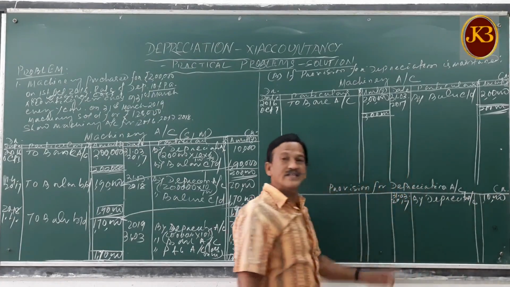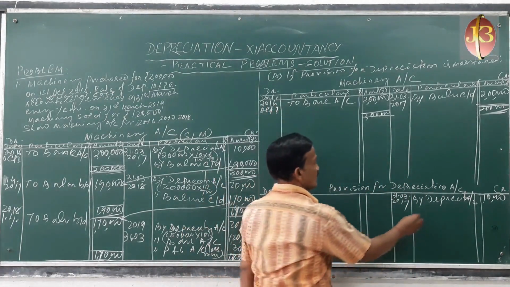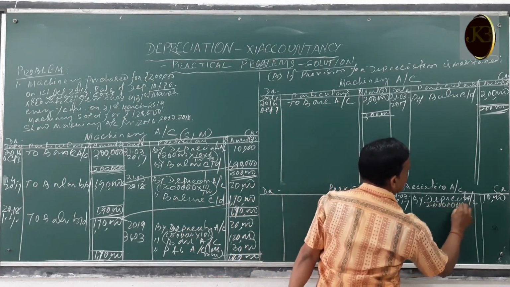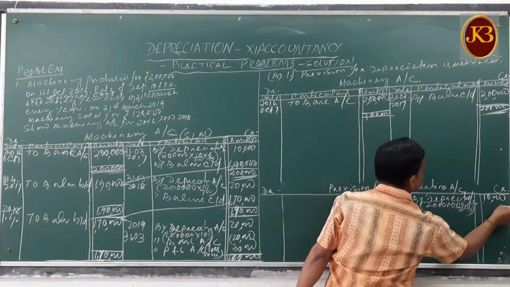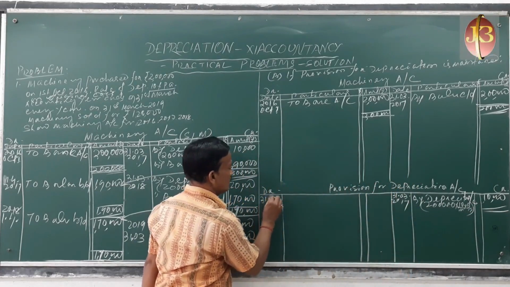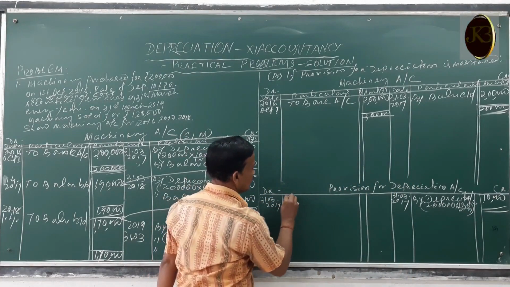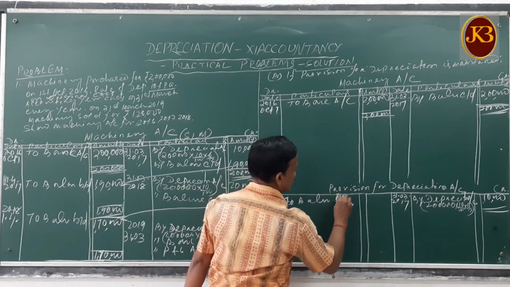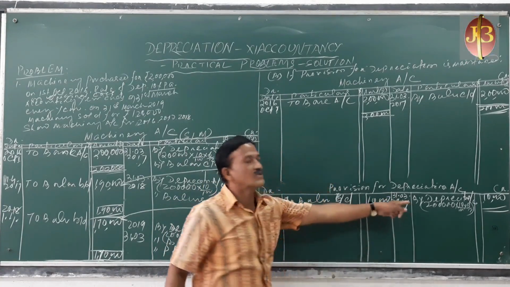That is for 6 months, because it was purchased on 1st October: 2 lakh at 10% for 6 months is 10,000. So on 31st March 2017, to balance carried down, 10,000.